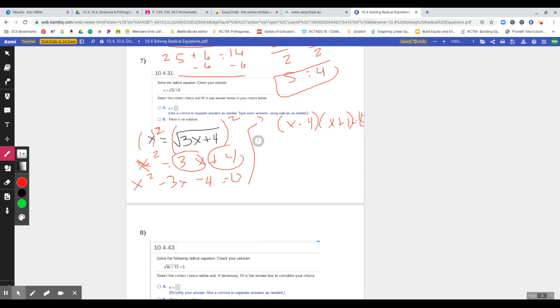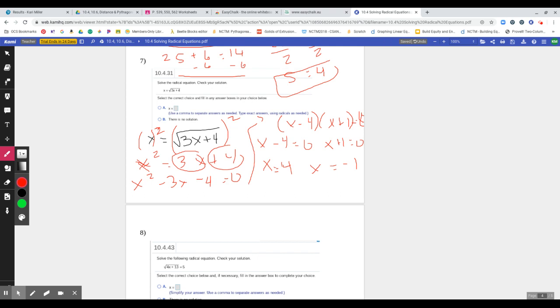All right, so remember, after we factor, we take each factor, set it equal to 0, and solve. So this would be, add 4 to both sides. This would be x equals 4. So x equals 4. And this would be x equals negative 1. So I have two choices here.